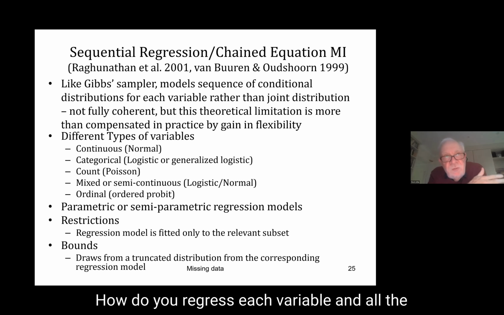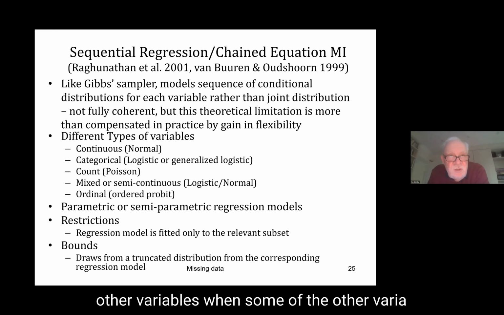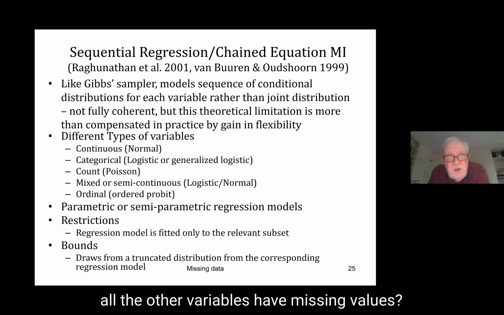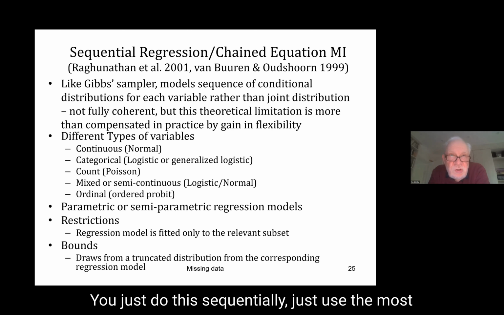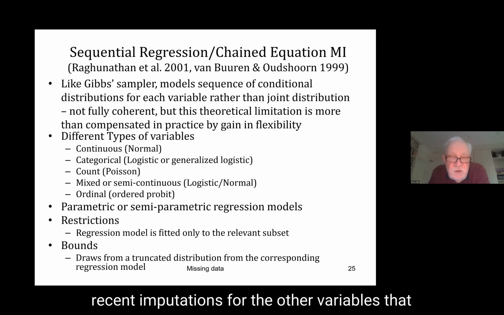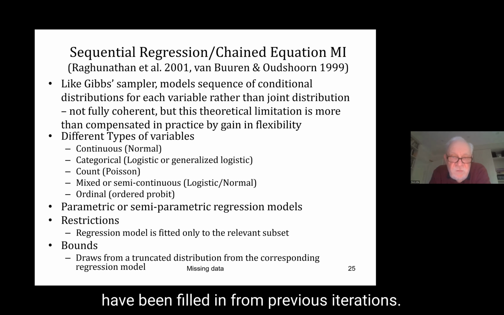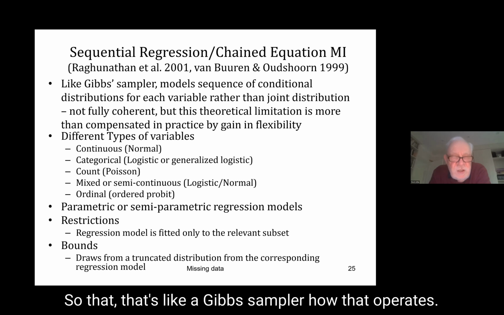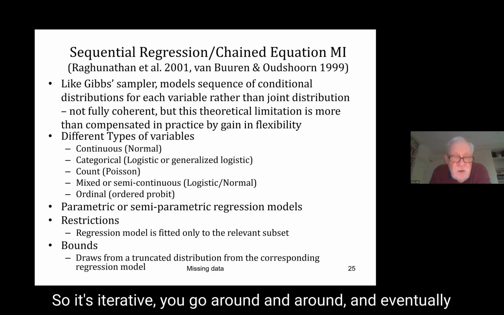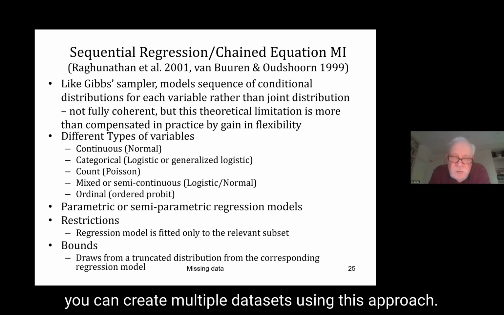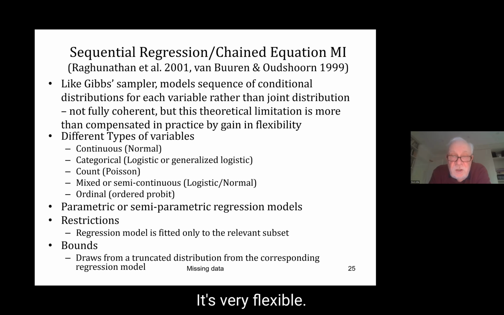How do you regress each variable on all the other variables when all the other variables have missing values? Well, you just do this sequentially and use the most recent imputations for the other variables that have been filled in from previous iterations. That's how a Gibbs sampler operates. So it's iterative. You go around and around, and eventually you can create multiple data sets using this approach. It's very flexible.